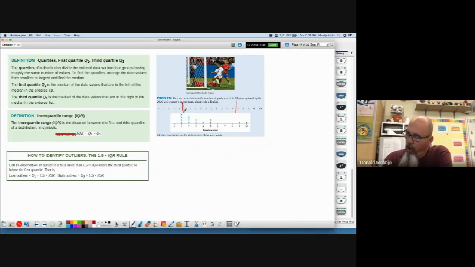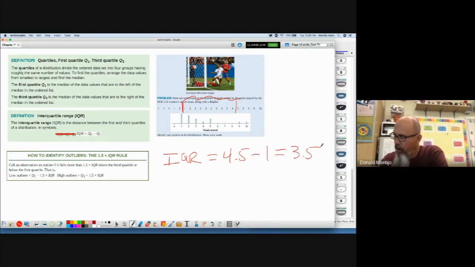The IQR is the distance here. How far is it from 1 to 4.5? The IQR is equal to Q3 minus Q1. So my IQR for this problem is 3.5. That is the distance from Q3 to Q1.